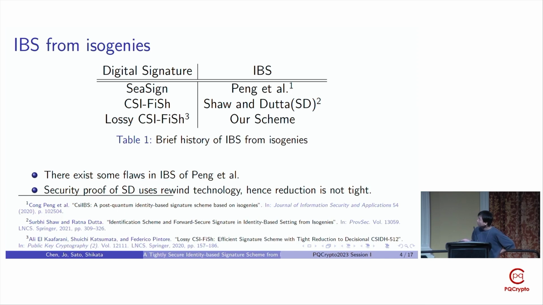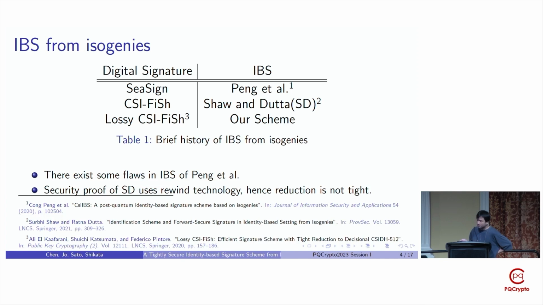This work focuses on isogeny-based IBS with tight security reduction. So we first give an overview of some related works. The signature schemes here are all based on CSIDH, and the latter IBS proposals are based on the previous signature schemes respectively.